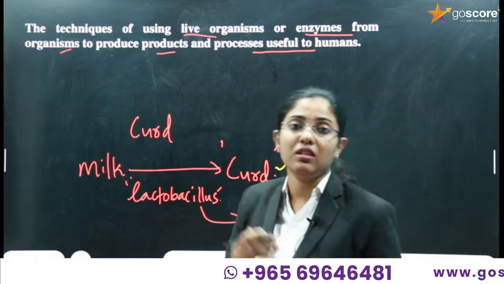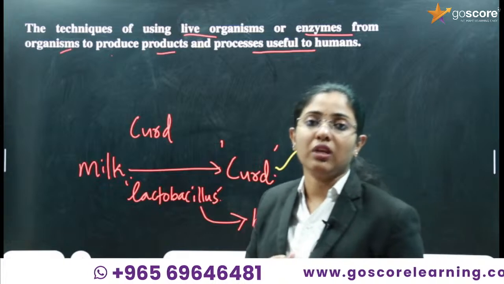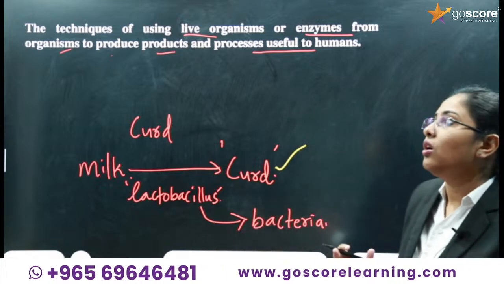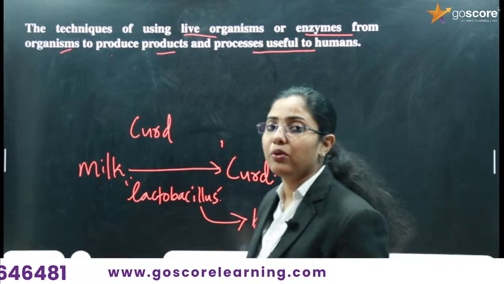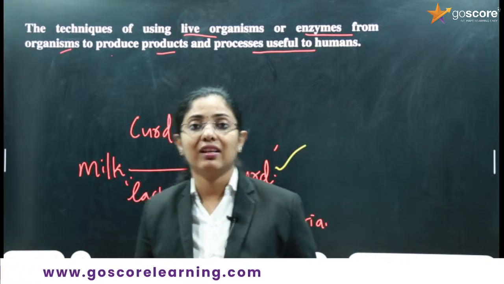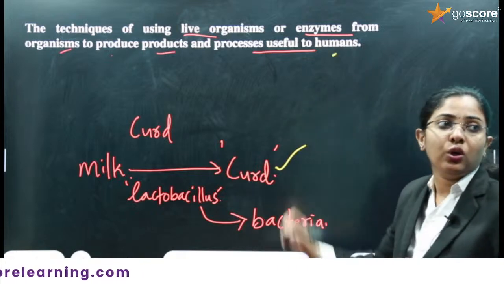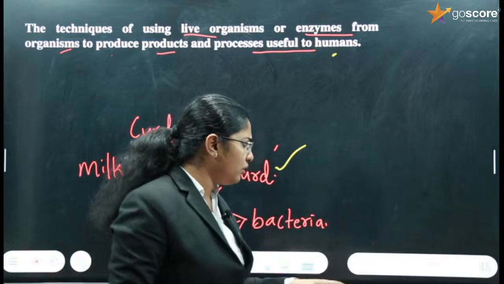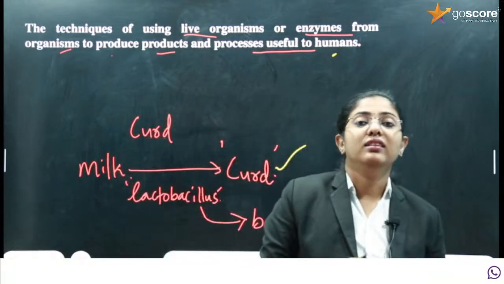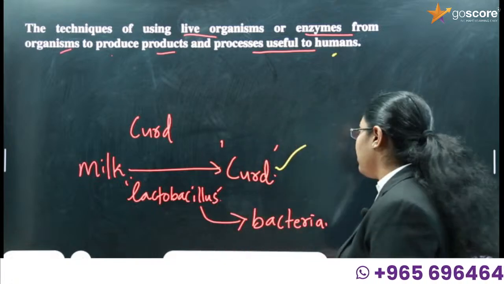Producing an enzyme means the gene is taken out and inserted into the host organism with the help of a vector. So what is the end result? The end result will be very useful to human beings. Is it clear for you? That's all about the definition of biotechnology.